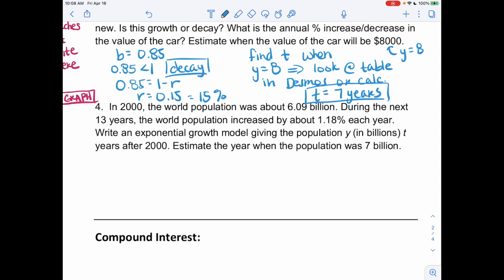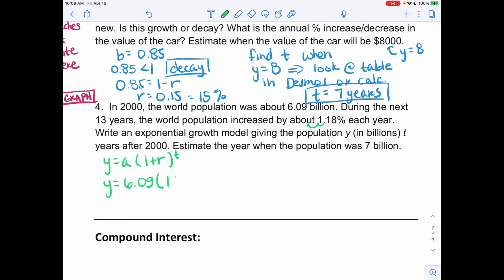Remember that our equation is y is equal to a times 1 plus r, we're in growth this time, to the t power. So we can simply plug in everything that we know. Our a value, our initial value, is 6.09.